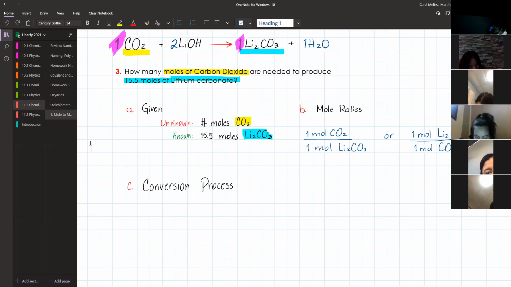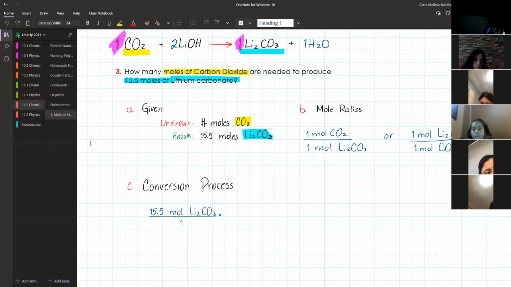What is the given in this exercise? 15.5 moles of lithium carbonate. 15.5. Be careful on that. When you're doing the process and you put just the 15, it's incorrect. So 15.5 moles of lithium carbonate. And I'm going to multiply. Remember the invisible one? I put it there, but you know that you can skip it.